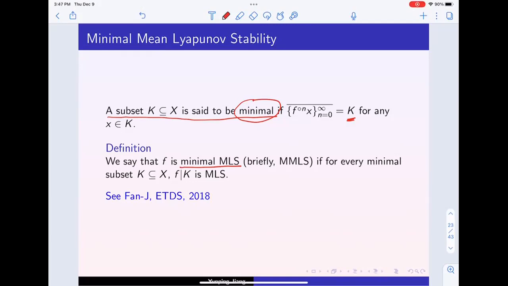Minimal is another way to see that a dynamic system can be simpler. Now we say F is minimal MLS, which means that if F restricts to any minimal subset of X, that is MLS. That is one definition.